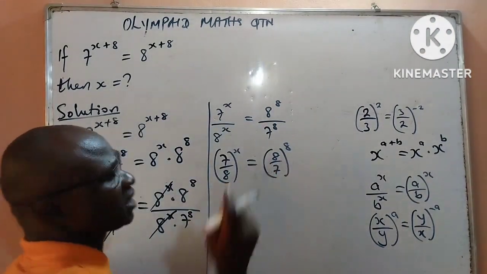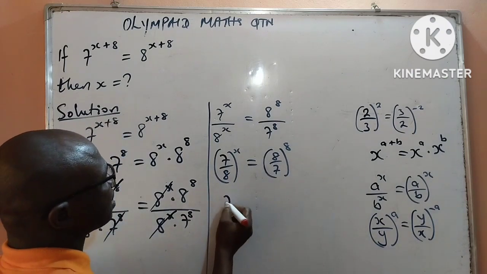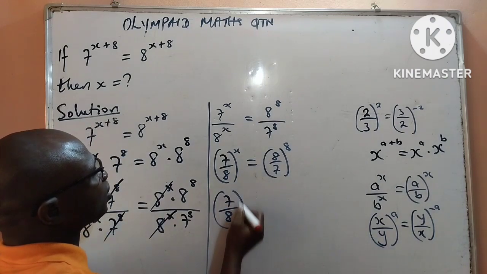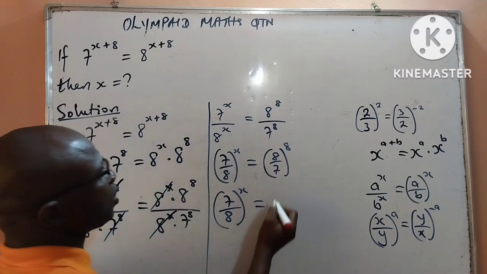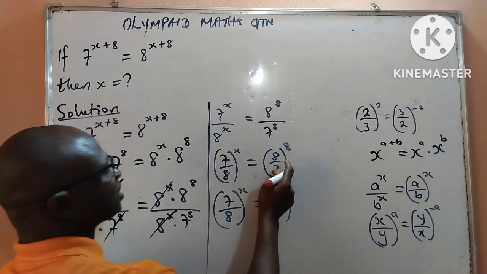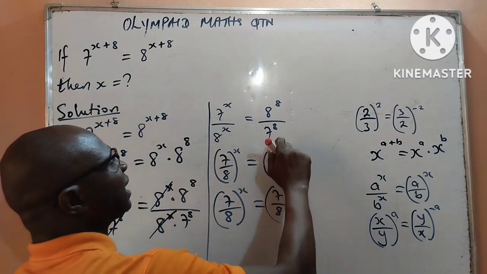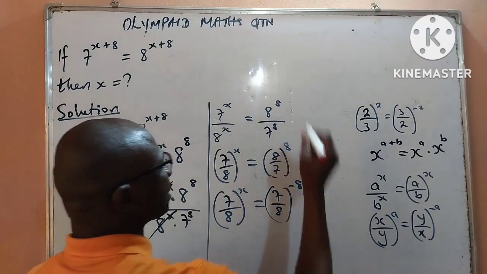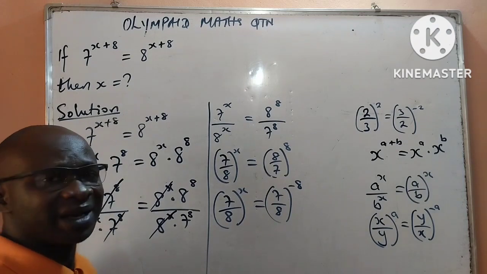So I will do the same thing by the right hand side. To get 7 all over 8 all to the power of x is equal to, now I will write 7 over 8. So I have interchanged the numerator and denominator, and the power will now attract a negative sign. Why did I do this?